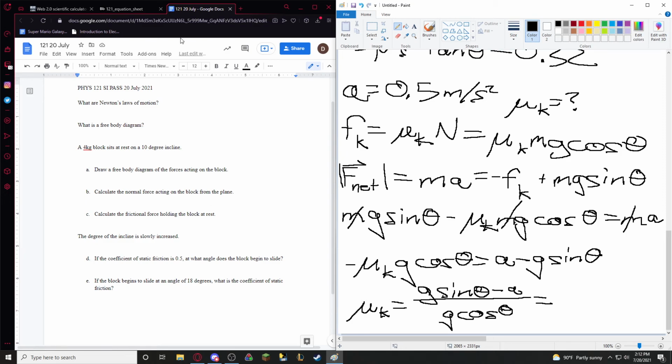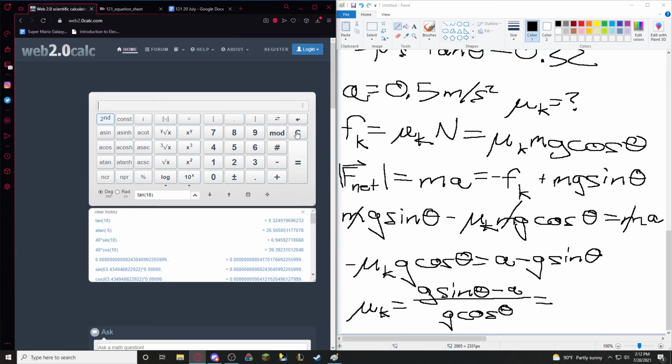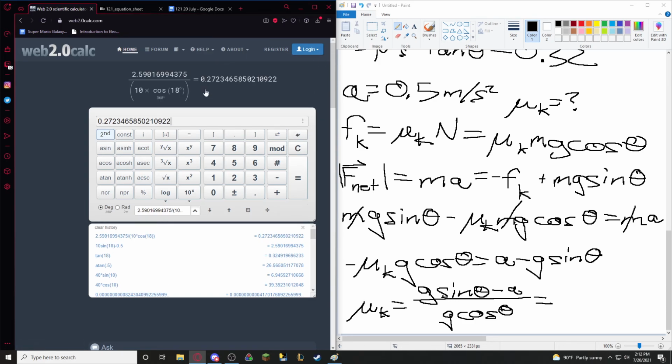We plugged it all into a calculator, and you said it was, what value did you get? I got 0.05. So we have 10 times sine of 18 minus a, which is 0.5, divided by 10 times the cosine of 18. I'm getting a value of about 0.27.